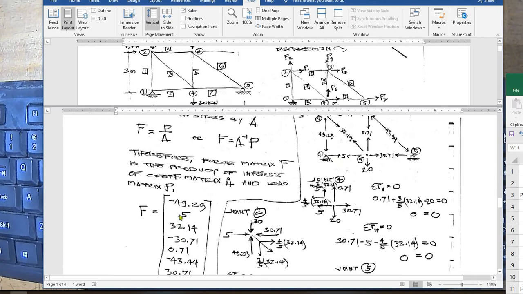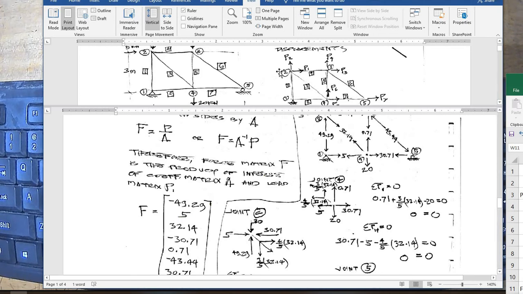So, if positive, that means your arrow is away from the node. If negative, like this negative 49.29, your arrow is towards the node. Remember, if positive, the arrow is going away from the node.